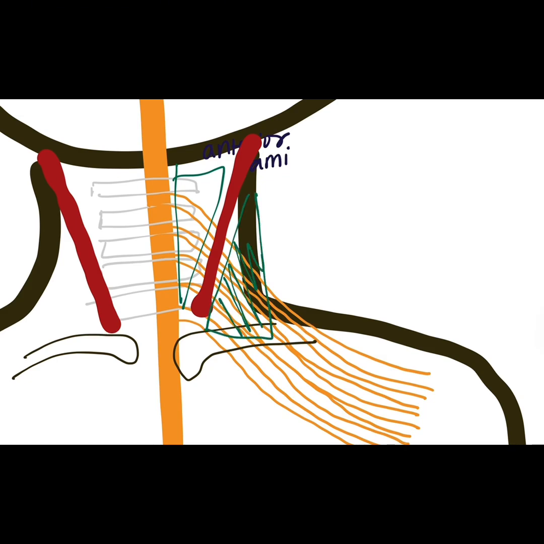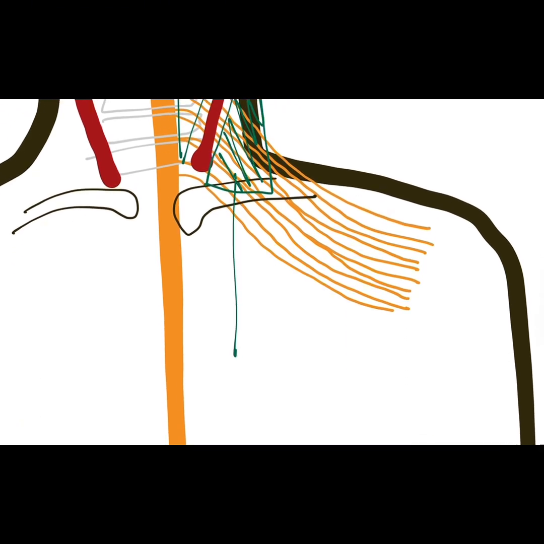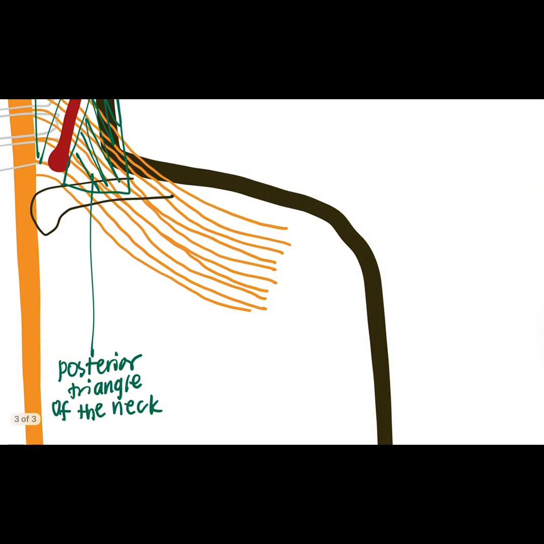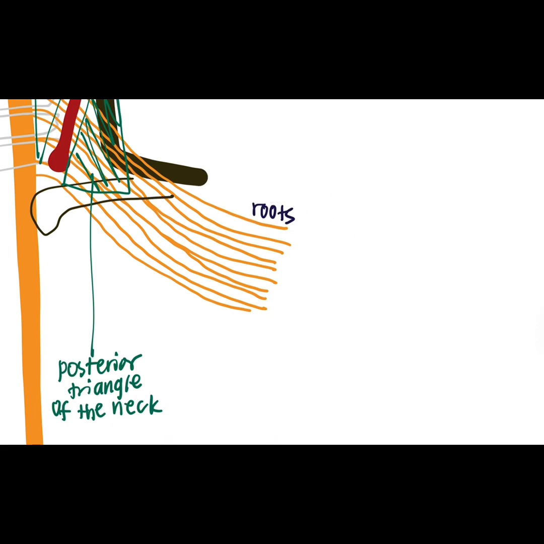We have the anterior and the posterior triangle. So the posterior triangle is the location of the brachial plexus. That is where the brachial plexus is found. It's just that in our illustration right now, I will go beyond the posterior triangle of the neck so that it can easily be illustrated and understood.